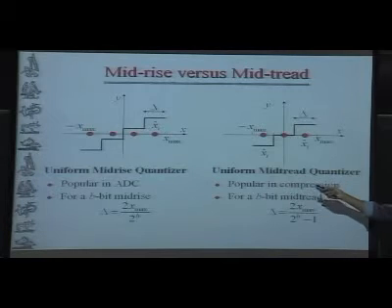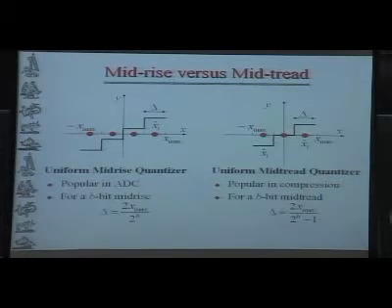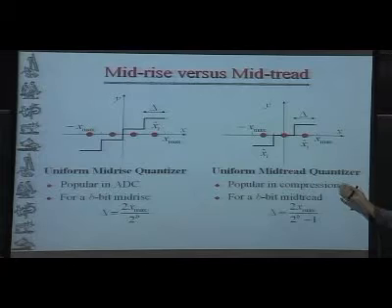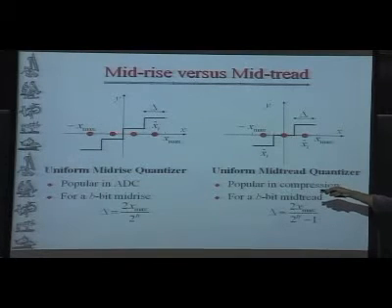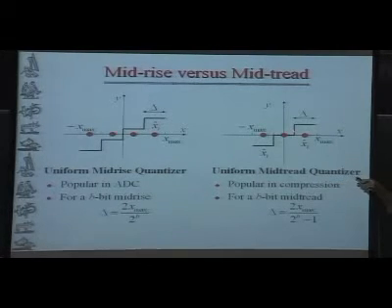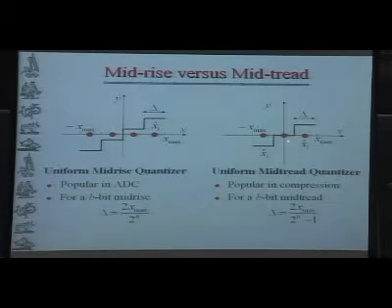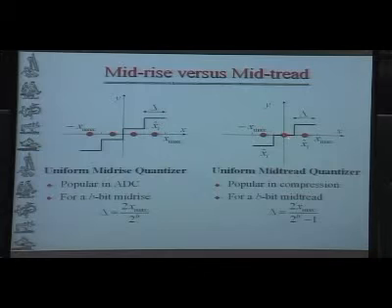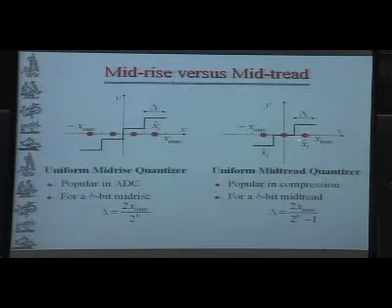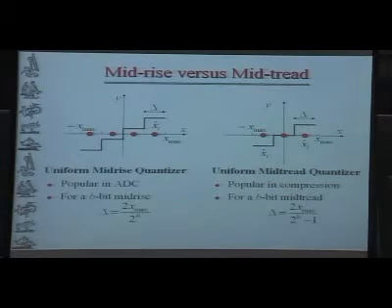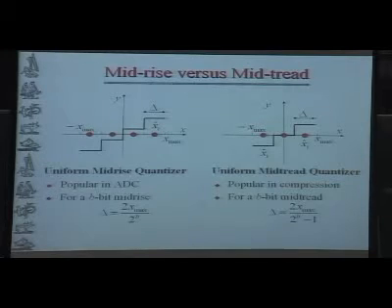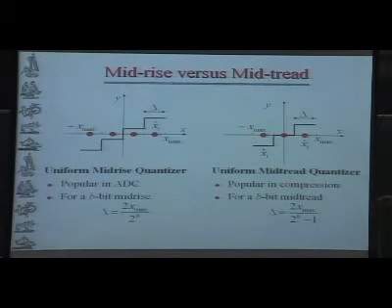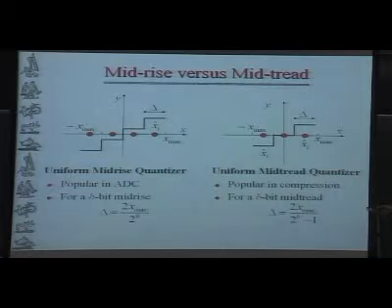Okay? There are many ways that you can partition the intervals, right? So this is one way of partitioning the intervals. This is another way of partitioning the intervals, okay? Where one of the reconstruction points is exactly at 0. It turns out that this is very popular in compression, and this is very popular in analog to digital conversions.